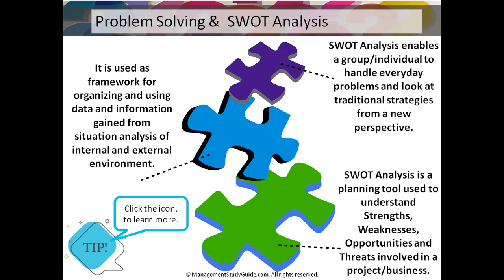It is used as a framework for organizing and using data and information gained from situation analysis of internal and external environment. SWOT analysis enables a group or individual to handle every situation or everyday problems and look at traditional strategies from a new perspective. SWOT analysis is a planning tool used to understand the strengths, weaknesses, opportunities, and threats involved in a project or a business.